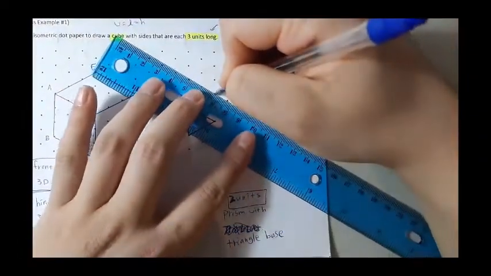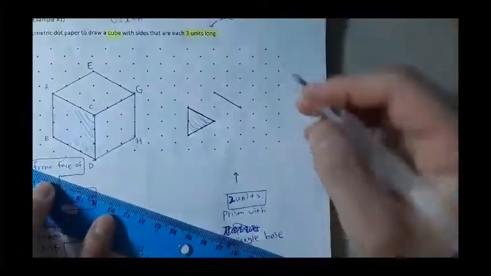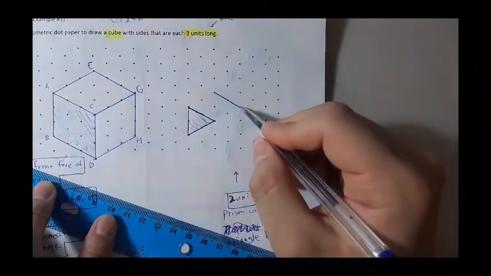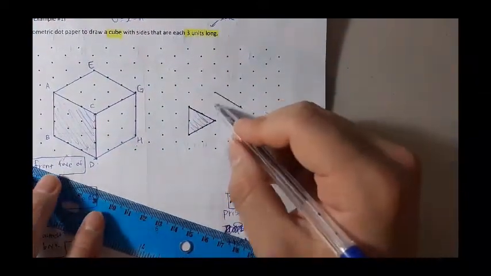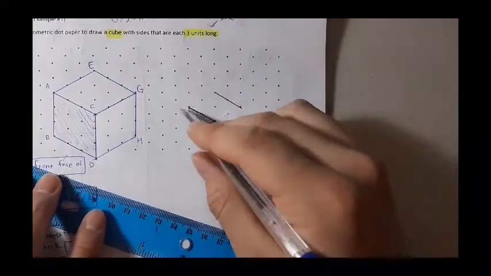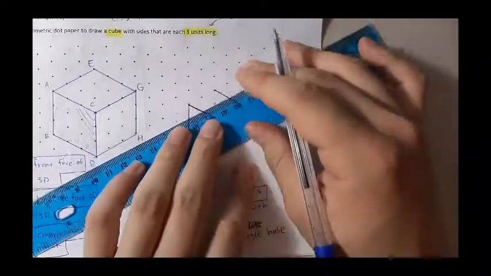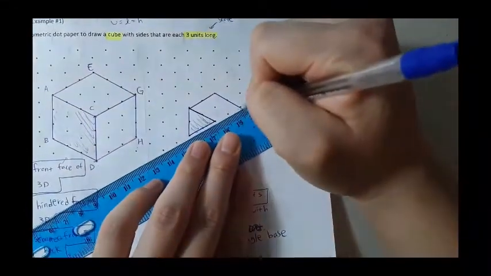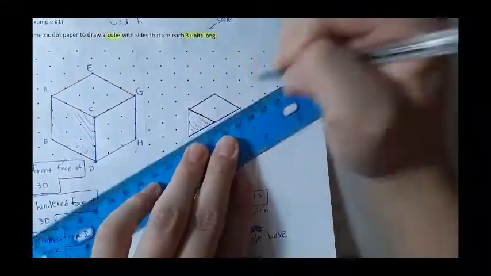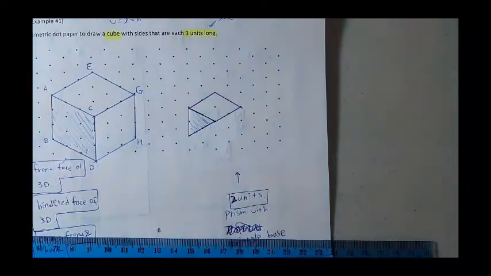As you may notice, I'm drawing only a segment of it. I didn't fully draw the whole thing, just because whatever I draw behind will be hidden by the top surface. So what I'm going to do as a third step is connect those, and that's what we have.